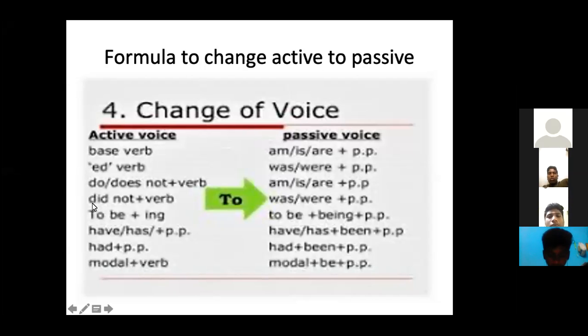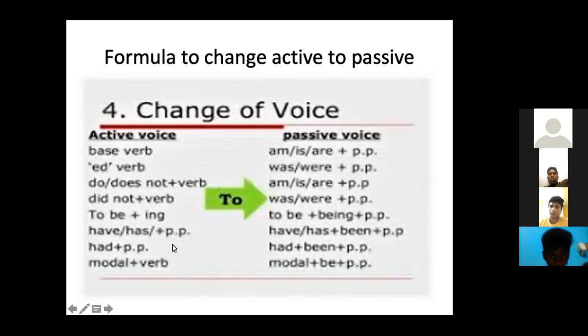If in the active voice it is did not plus verb, it will change to was or were plus the past participle form of the verb. Again, in the active voice, if it is to be plus the ing form of the verb, in the passive voice it will become to be plus being plus the past participle form of the verb.